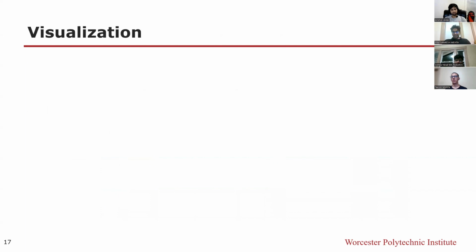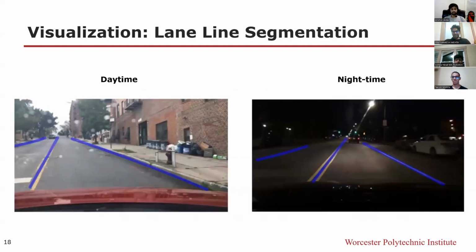Now, coming on to the results, we were able to visualize the three different segmentations and object detections after tuning, as shown here. First, the visualization for the lane line segmentation is shown here.